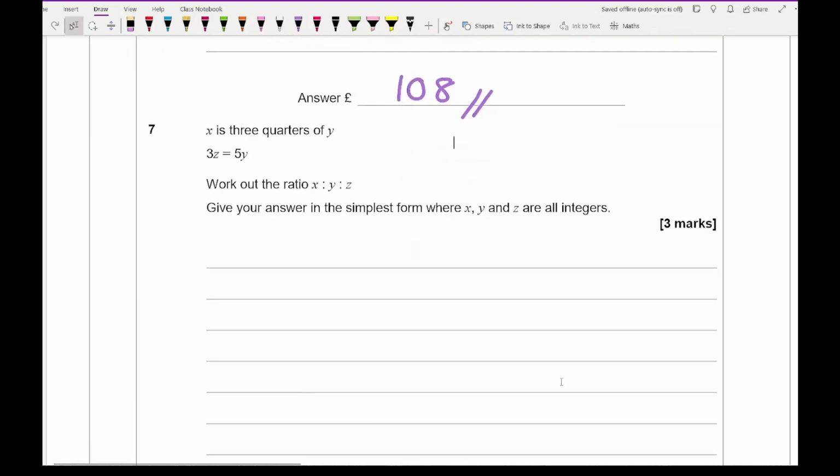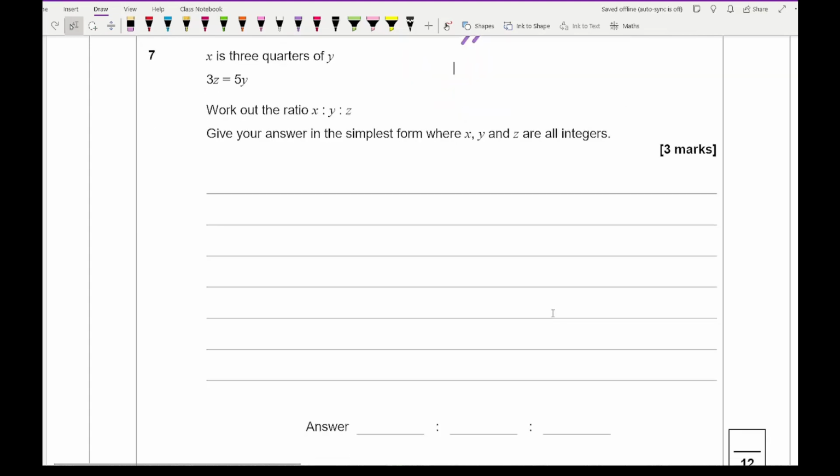Then for question 7, it says that x is 3/4 of y. 3z equals 5y. Work out the ratio of x to y to z. Give your answer in simplest form, where x, y, and z are all integers. So taking this first statement here, we know that x is 3/4 of y. So x equals 3/4 of y.